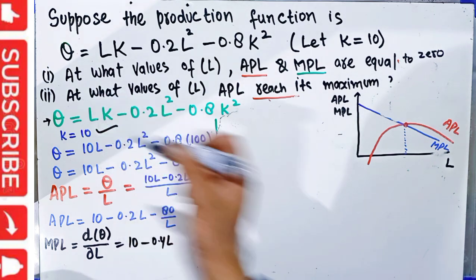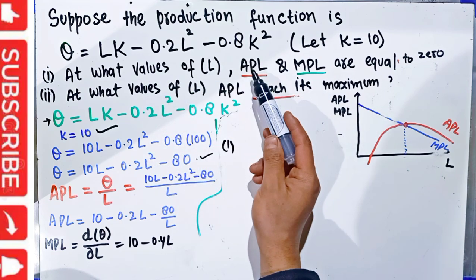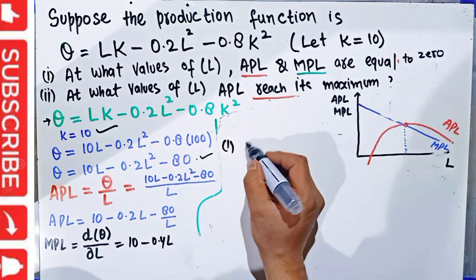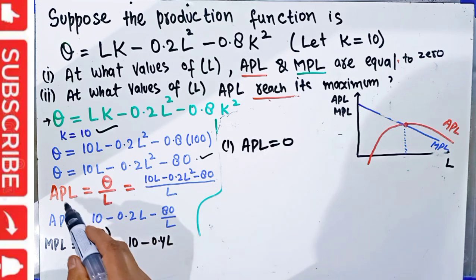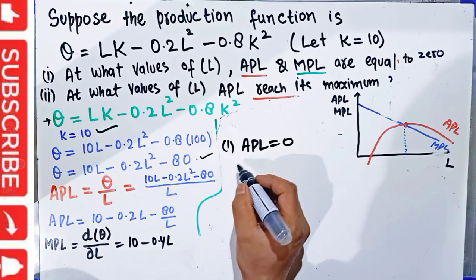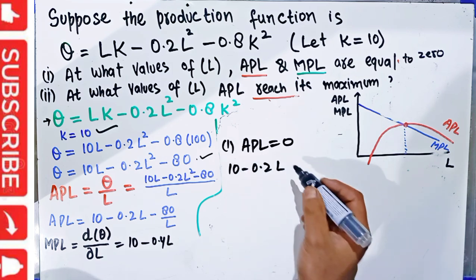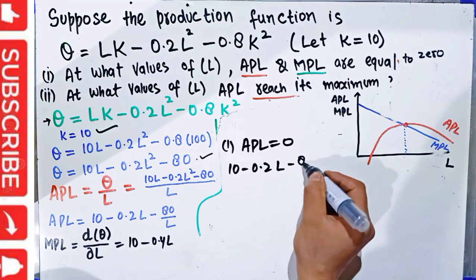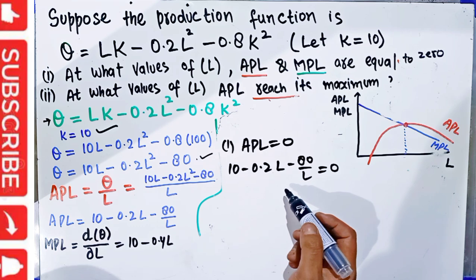Now the first part of the question asks us to find the value of L where APL is equal to 0. So when APL is equal to 0, we equate this function with 0: 10 - 0.2L - 80/L = 0.